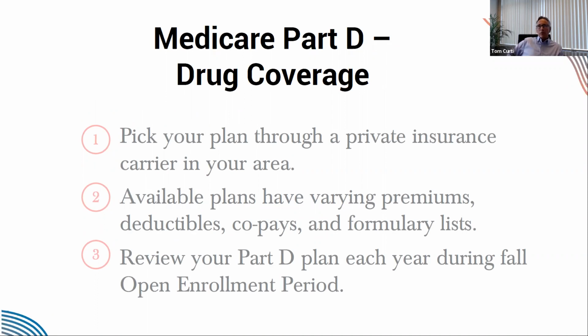This is a private program that you get through a private insurance coverage. There are many different plans. They have varying premiums, deductibles, copays, and formulary lists. And so that's one decision point, not only in your original decision to enroll in Medicare, but on an annual basis, you're going to want to look at that. And again, Doug's going to talk a little bit more about that because it is critical that you manage that on a yearly basis.